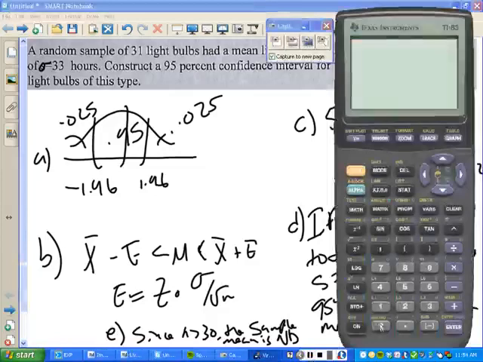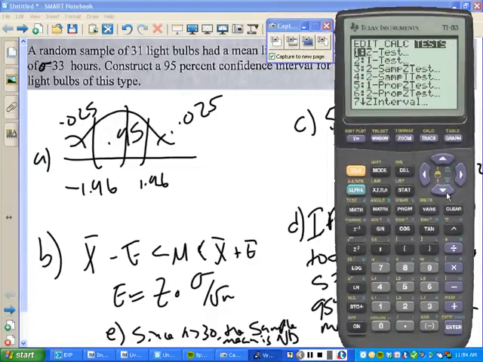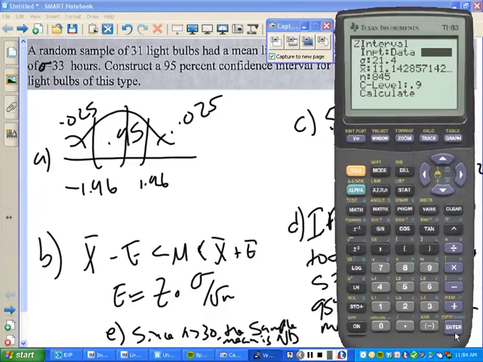Additionally, if you want to check this on the calculator, let me show you how to do it. You're going to go to Stat, Test. You're going to go down to option number 7 where it says Z interval. You're going to have stats there, so sigma is 33.